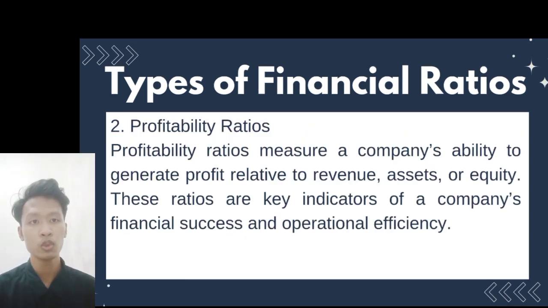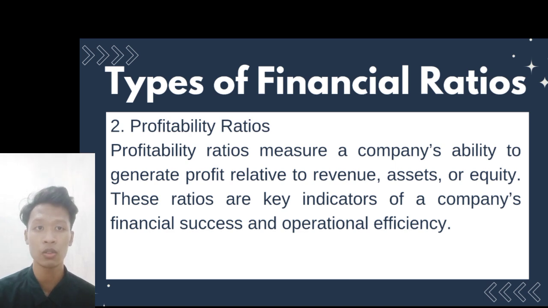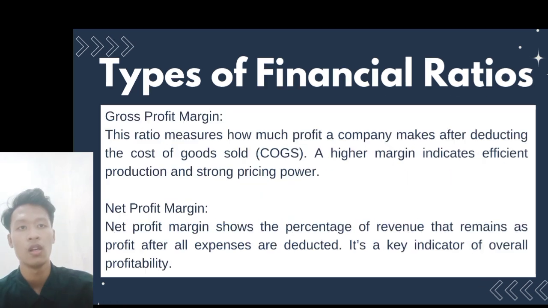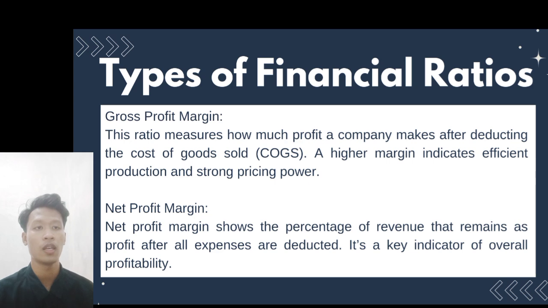Number two, we have profitability ratios. Profitability ratios measure a company's ability to generate profit relative to revenue, assets, or equity. These ratios are key indicators of a company's financial success and operational efficiency. In this part, we have the gross profit margin.